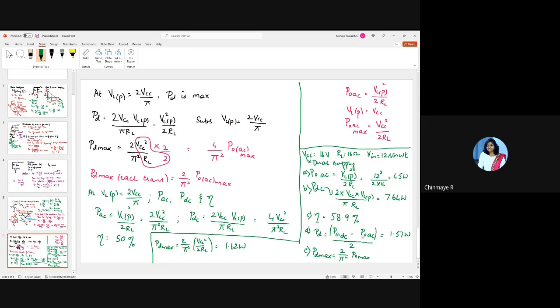Correct? So here we have found out 5 values. One is for the given data, we have found out what is the AC output power, DC input power, efficiency, power dissipated by each transistor, as well as the power dissipation capability of each transistor. Okay, we'll stop here.